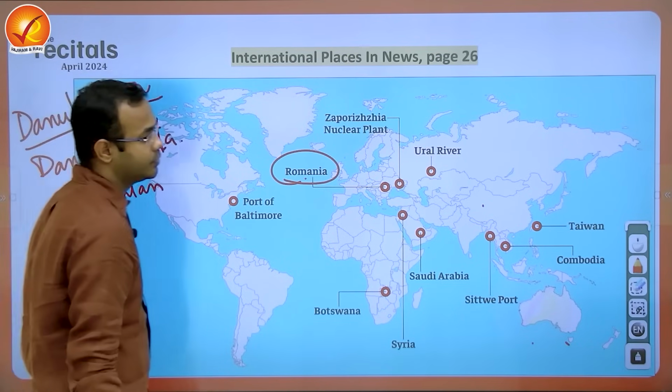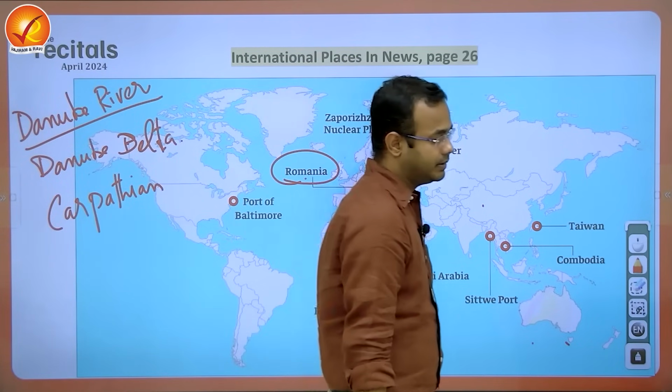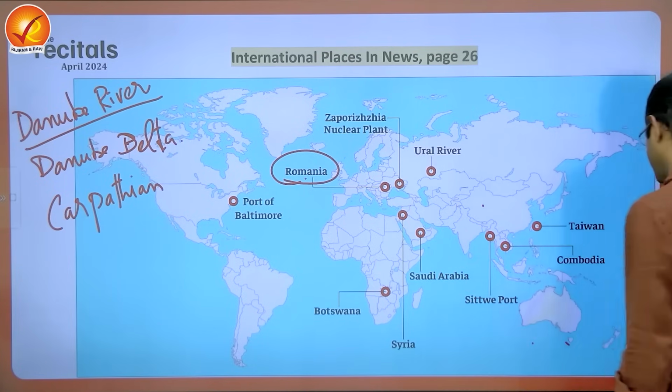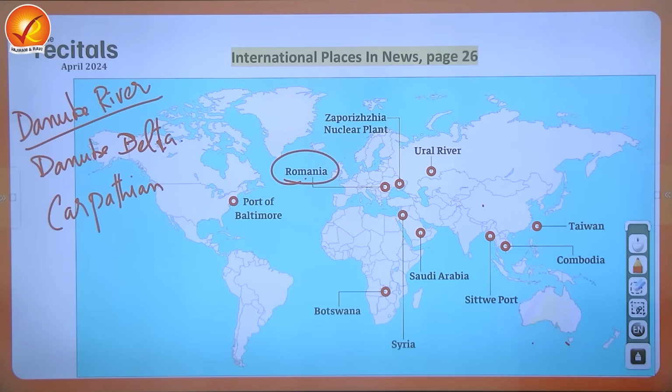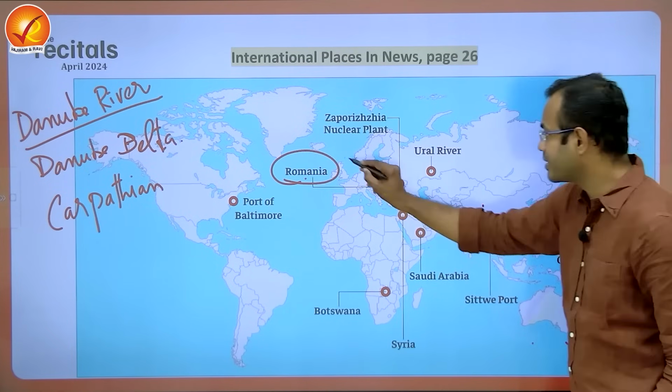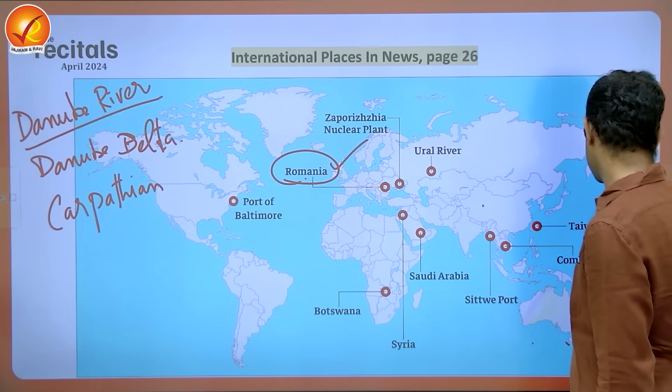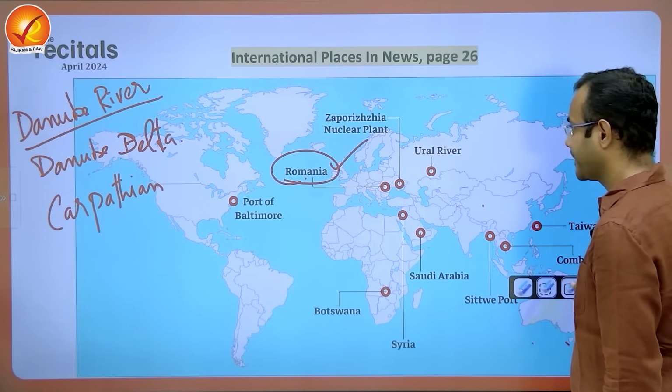Danube River, Danube Delta, and we do have the Carpathian Mountains. It came in news because the world's most powerful laser has been built by researchers in Romania.